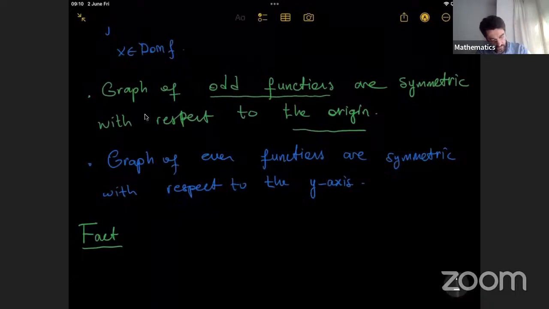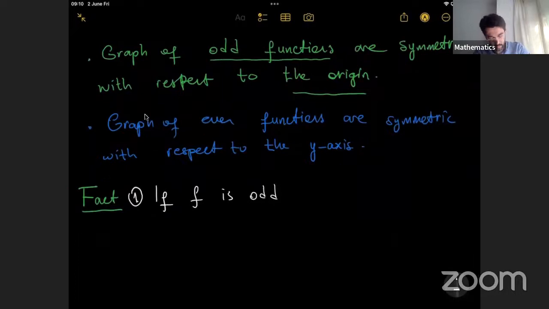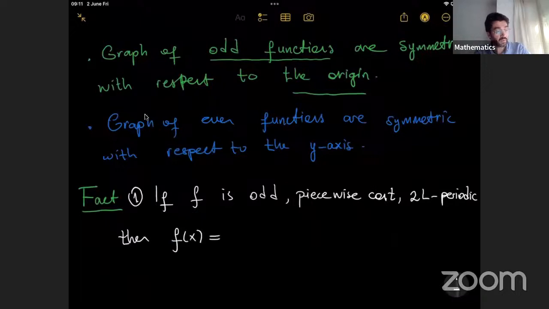If f is odd, fact 1, let's say, and piecewise continuous as usual, and 2L periodic, then f of x is equal to, in the case of an odd function, we don't have any cosine term in the Fourier series.